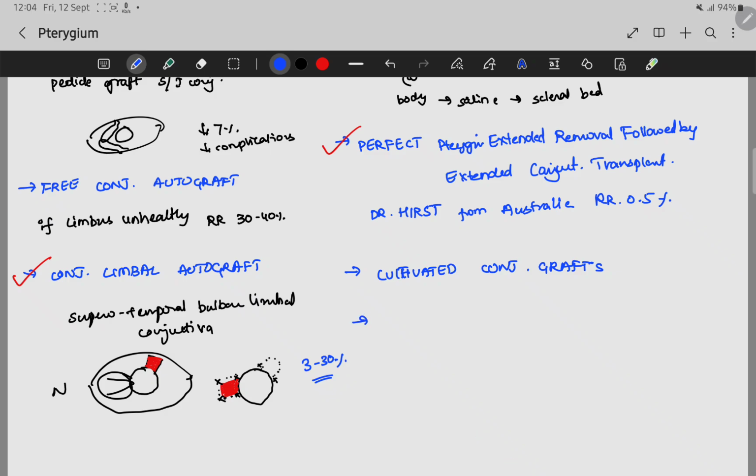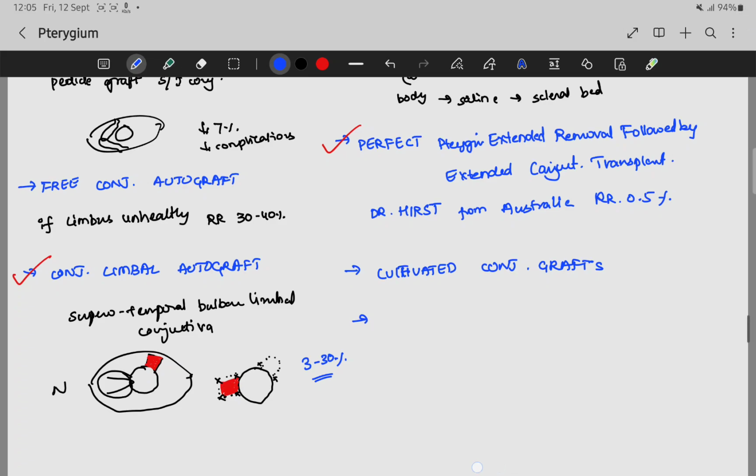Then we can take in cases of dry disease, we can also take graft from other surface. So these are all autografts. So here we are taking conjunctiva from the same person. So we can also take other grafts like a buccal mucous membrane graft or amniotic membrane graft, right?